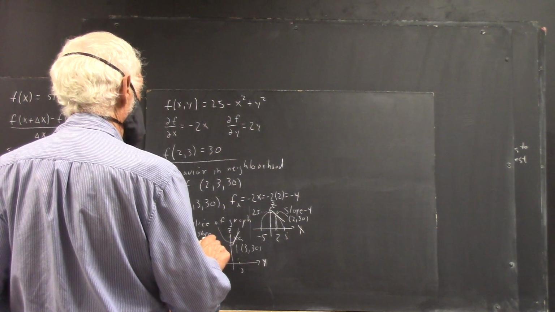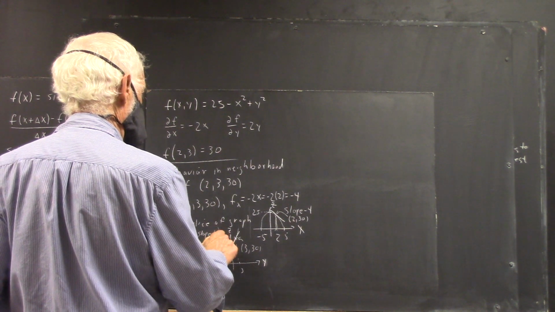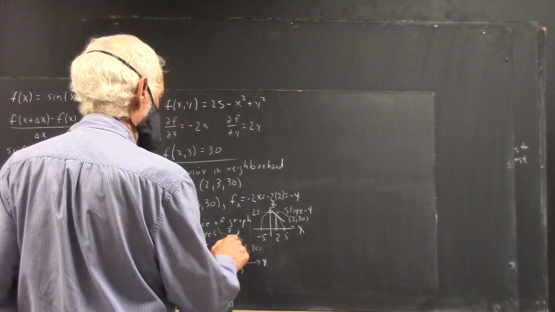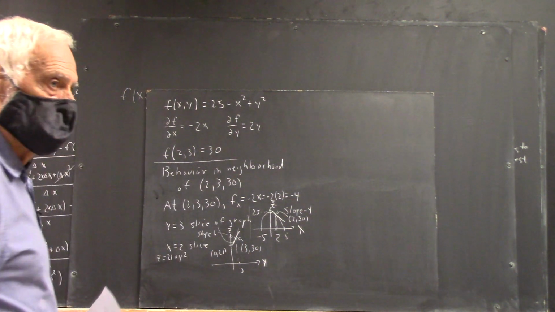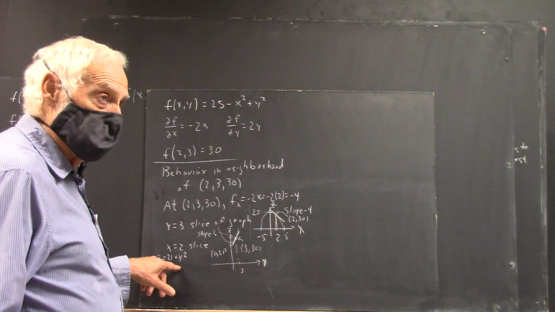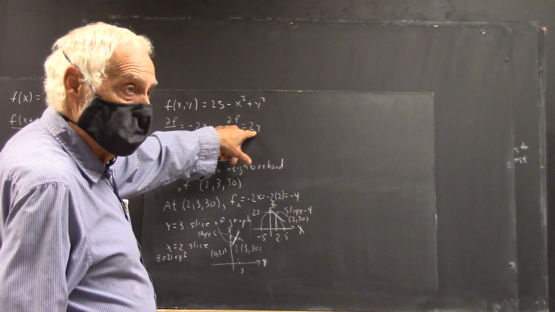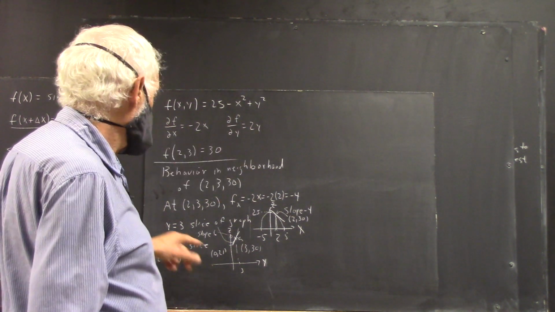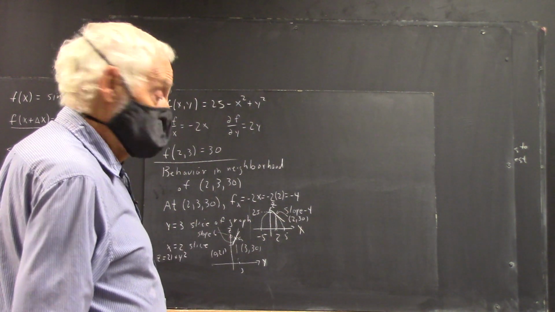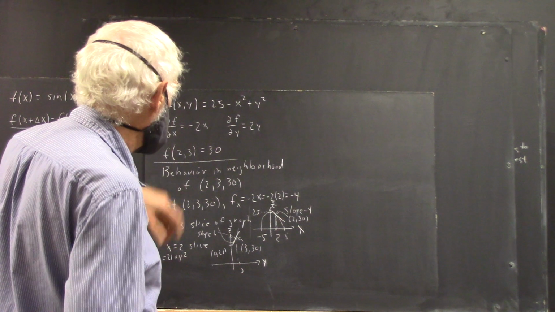So here, what's the slope? The slope is 6. If you take the derivative of this, you get 2y, right? And of course, the derivative is just this. And if y equals 3, which it is on this slice, you're going to get 6 at this point when y is 3. Okay?